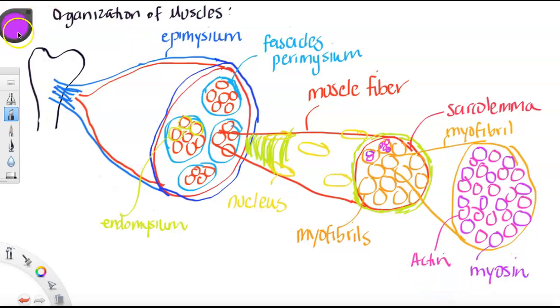And that plus that are the myofilaments. So it's the actin and myosin together that allow for muscle contraction.